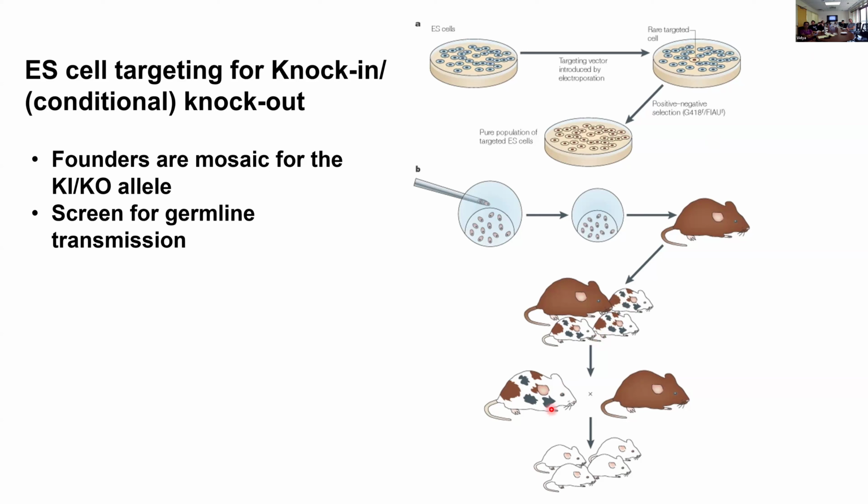Then you do another cross and look for ones that carry more of the coat color of your ES cells. Those are most likely the ones that come completely from your injected ES cells. From there, you also need to go to germline transmission, so it will be another round of crossing to make sure they go germline. So founders are mosaic, and you have to screen for germline transmission.